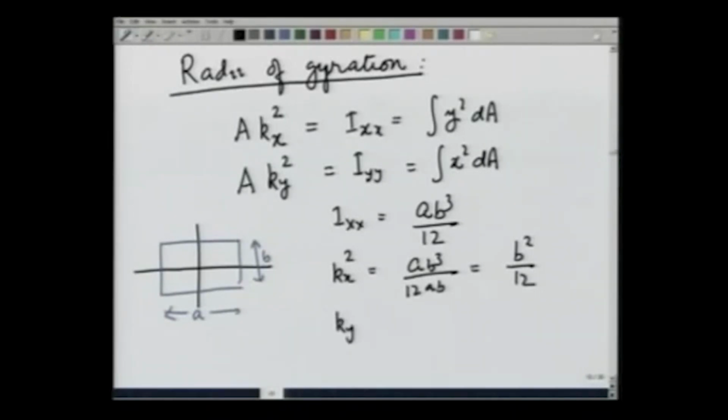Similarly, ky squared is going to be a squared over 12, and from these, the radii of gyration about the x-axis and the y-axis can be calculated.